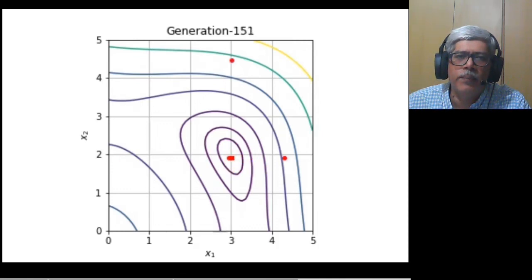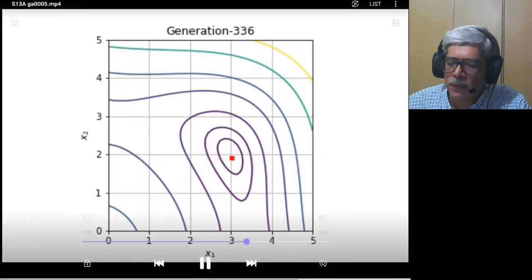We are at the middle of the 500 generations, and almost all have converged to the global minima. That is what we can observe here.